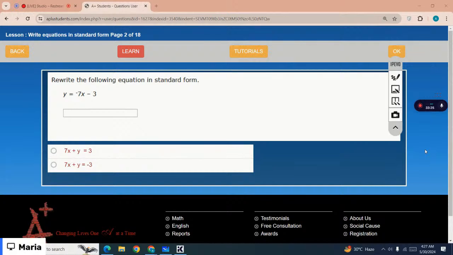The correct option is 7x plus y equals negative 3. Yes, option number 2 is the correct option.